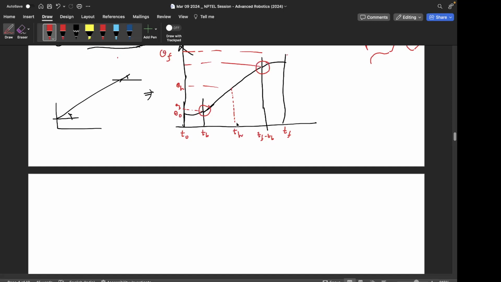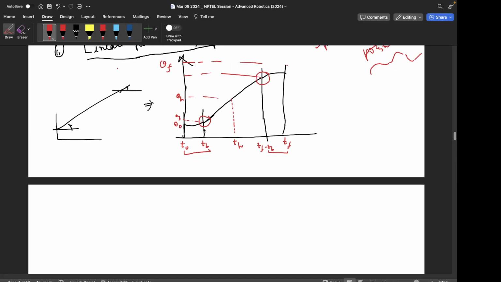So now for simplicity, what people do is that they keep the initial and final time the same on both sides. So the parabolic part at the beginning and at the end, we keep it of the same duration on both sides, right? And I am talking about continuity here, so position should be the same, of course, and the slope should be the same, right?